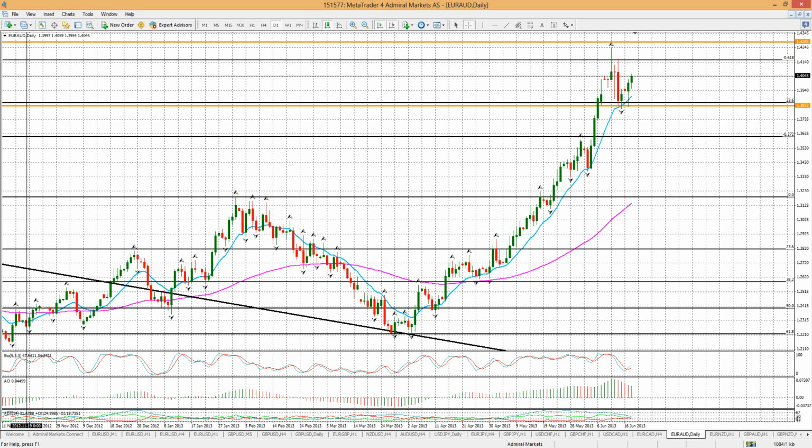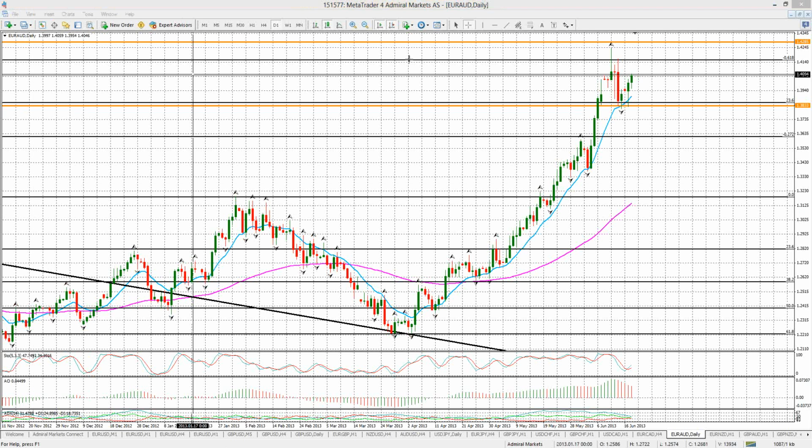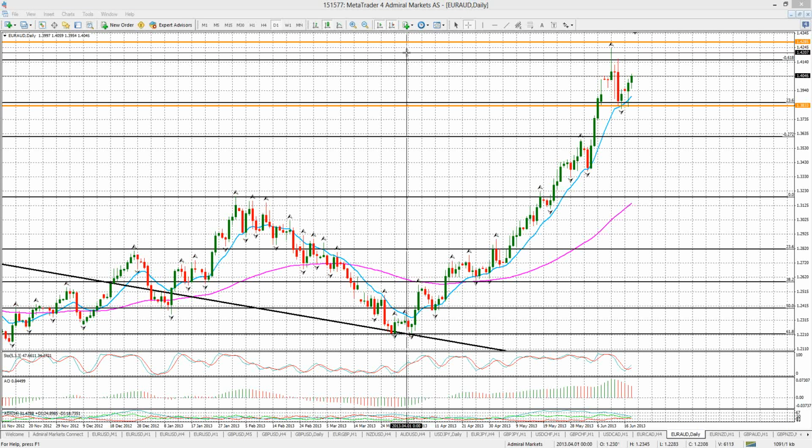I wanted to actually look at the euro odd. I thought it was going to be interesting today. The odd is losing pretty heavily against the New Zealand. It is losing against the dollar. It is losing against the pound. So the odd, versus the other major currencies, seems to be the weakest of them all.